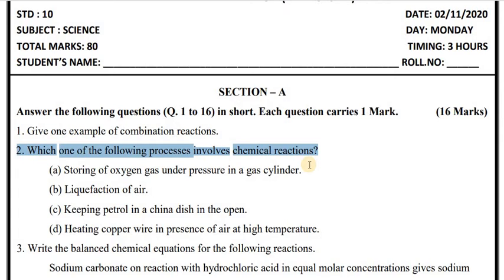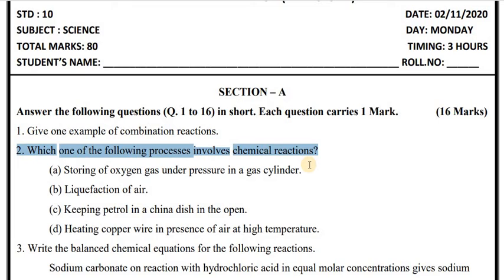But in a chemical reaction, a new substance is formed, and various things happen, like a heating effect, color change of the substance, heat evolved, heat absorbed. So this kind of change we consider a chemical reaction if any new substance is formed.